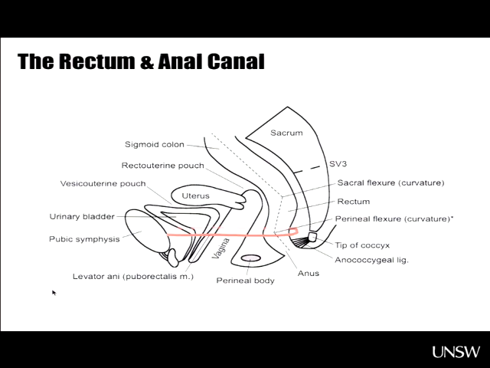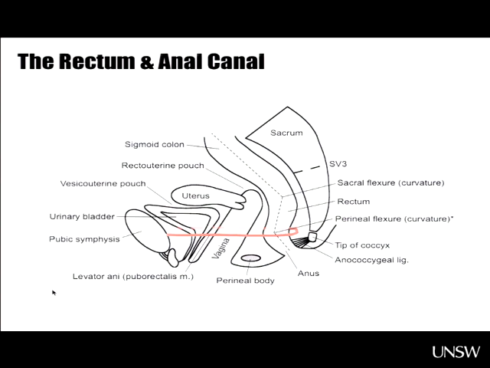So, with this simple diagram you can work out what I'm going to be able to feel when I do a digital rectal examination in a lady. So your digit may be, I don't know, about 8 to 9 centimetres long, so it will probably reach that high up. So of course you should be able to feel structures in front of the rectum, so the posterior fornix of the vagina, the vaginal cervix.